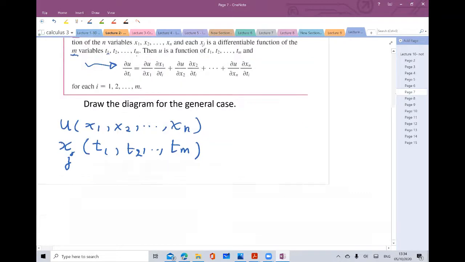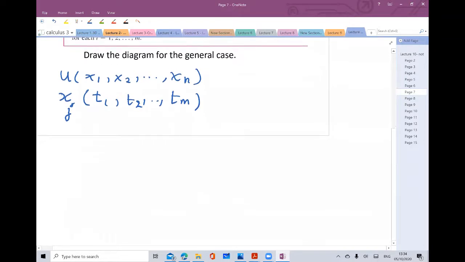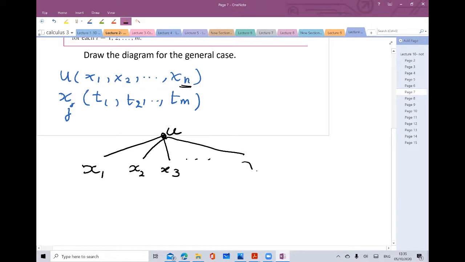When I want to draw the tree diagram of this case, I'm going to start with the dependent variable, which is u. How many branches come from u? U is a function of n variables, so I have n branches coming from here, for the variables x1, x2, x3, up to xn.